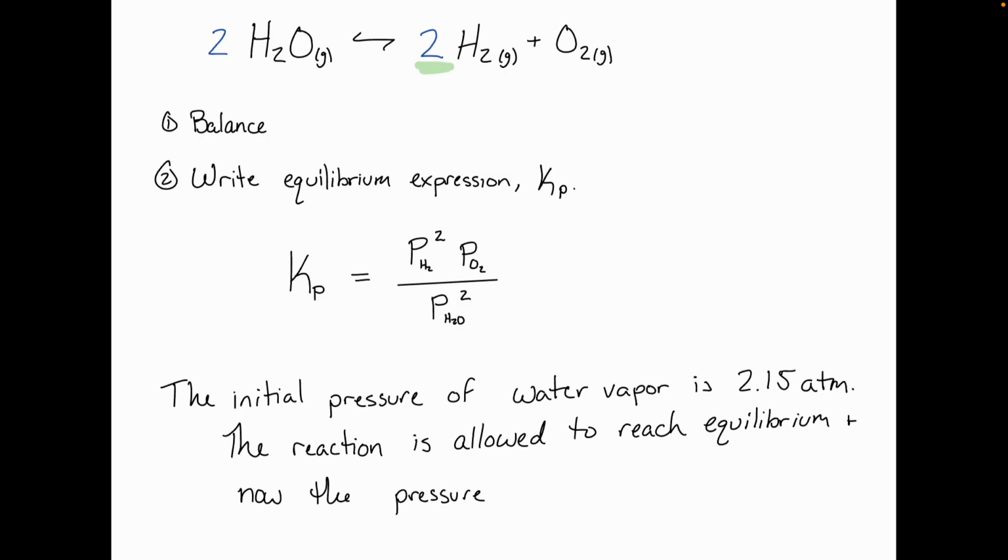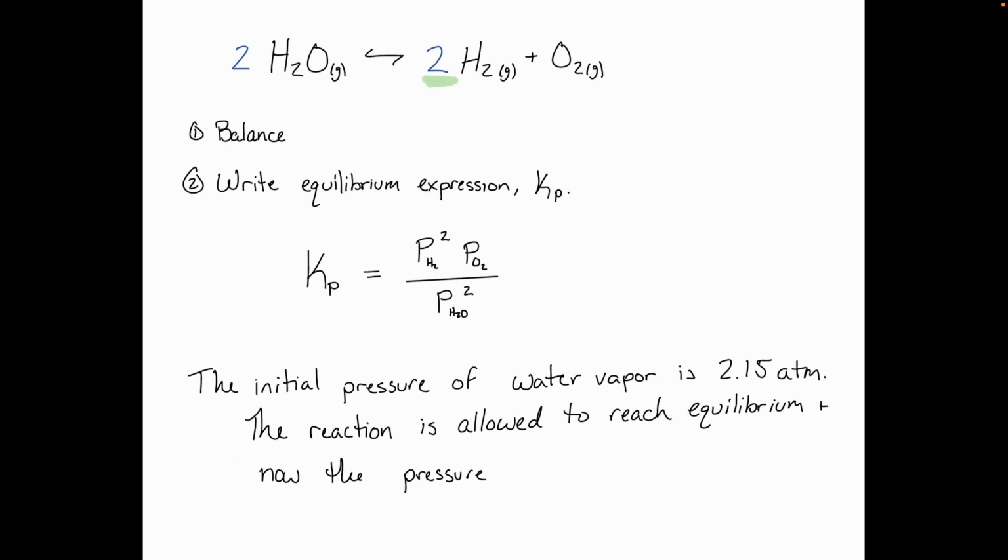All right, so we have an initial pressure of water vapor of 2.15 atm, right? So I'm going to stick some steam into a closed vessel here, and initial pressure is 2.15 atm. Then I'm going to allow this reaction to occur and to reach equilibrium. And now the pressure of the water vapor, first of all, what do we think?